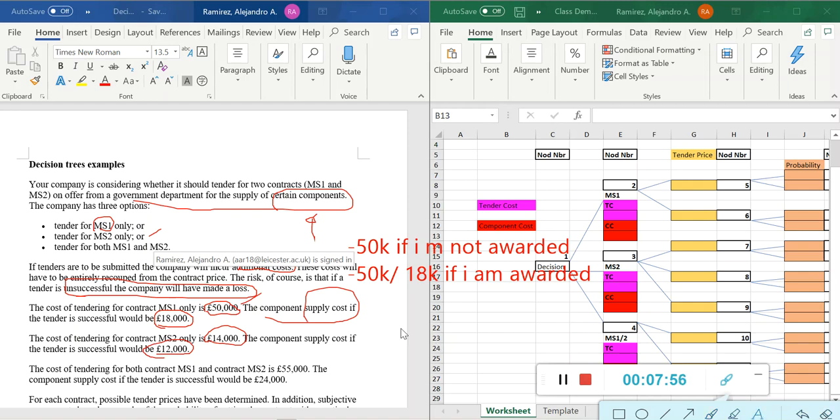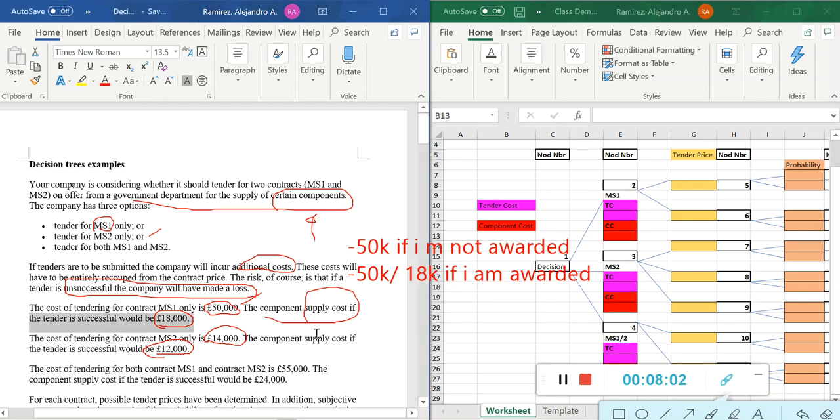Okay. So in this case, as in the previous one, if I'm not awarded, I'm gonna start with minus 14,000.